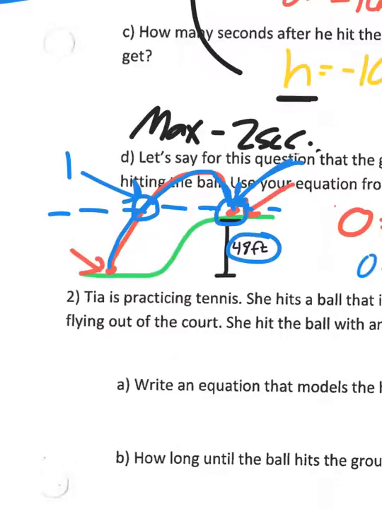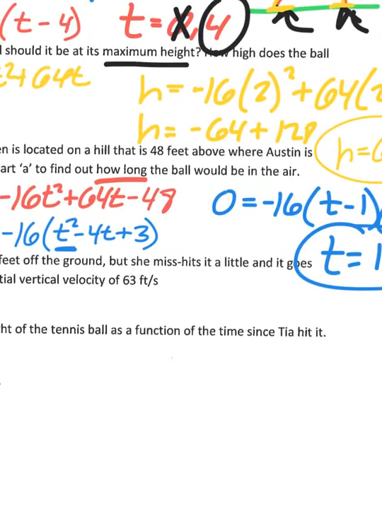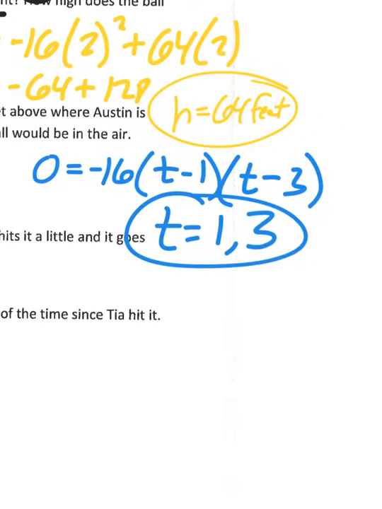So 1 second over here, 3 seconds over here. So which one's our answer? Well, then 3 must be the answer. But you can see why we end up getting 2 possibilities for this, because there are 2 times when the ball is at a height of 48 feet. But if we're trying to answer the question how long it's in the air in this case, it's going to be 3 seconds. You can see how 1 makes sense for what we plug in the equation, but 3 is going to be our answer.